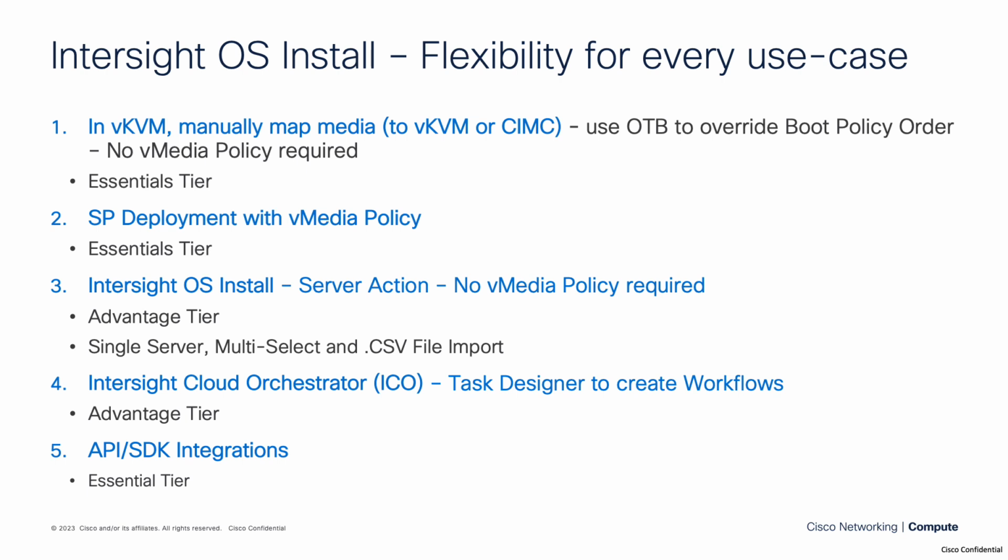You're putting a pretty front end on the front of like an ICO type workflow that gets executed. So most things in Intersight execute as a workflow, and this is certainly a case in point. You can do single servers, you can do multi-select, and then as we talked about in the video here, a CSV file injection to do multiple servers.